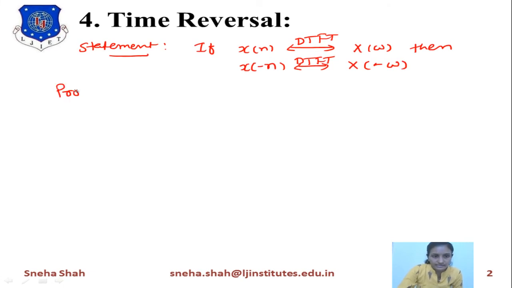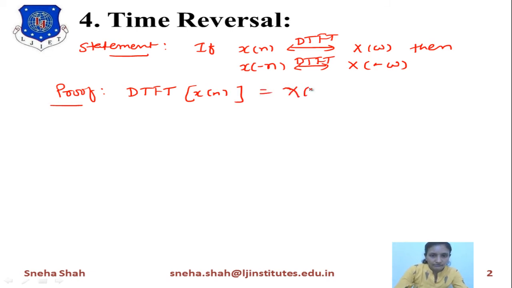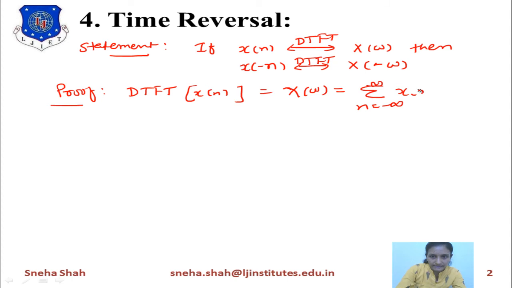Now to prove this, we will start with the equation of DTFT. What is the DTFT equation? The DTFT of x of n equals X of omega, and its value equals the summation n equals minus infinity to infinity of x of n e raised to minus j omega n. Now we want to find the DTFT of x of minus n.